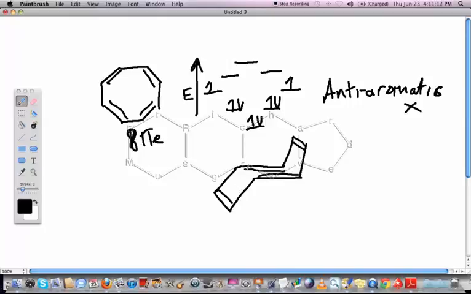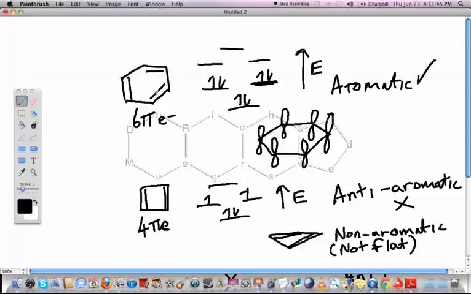So in summary, here's what we know. We know that 4 pi electrons and 8 pi electrons are bad. Those fit the 4n pi electron mold, and we know that that's a bad situation, and 4n pi electrons lead to anti-aromatic systems. But again, it has to be completely flat, planar, and conjugated.